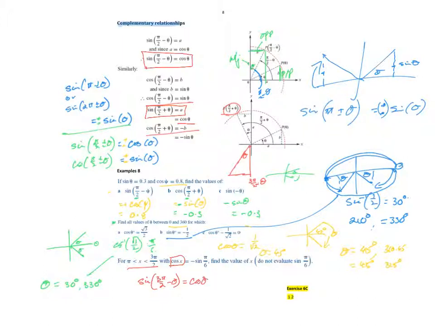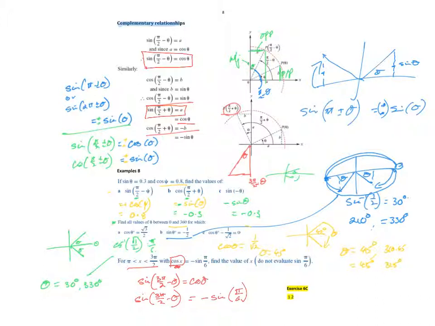And so then I can replace that term there with sine of 3 pi on 2 minus theta, and that's going to be equal to negative sine pi on 6.